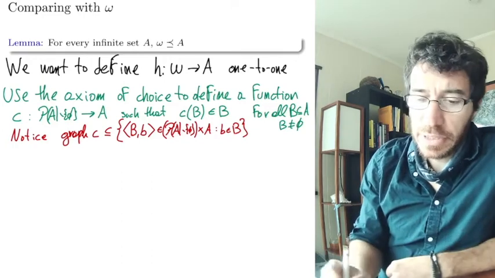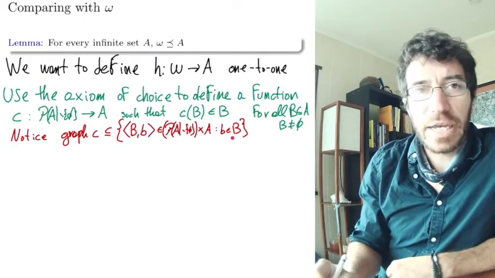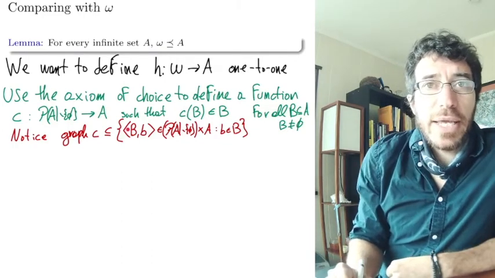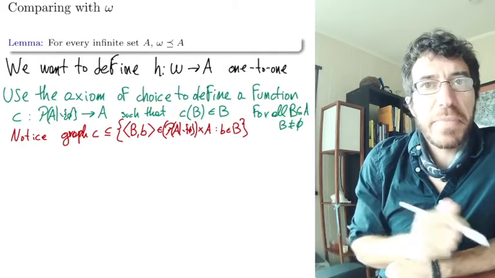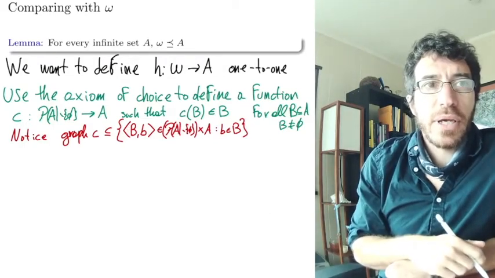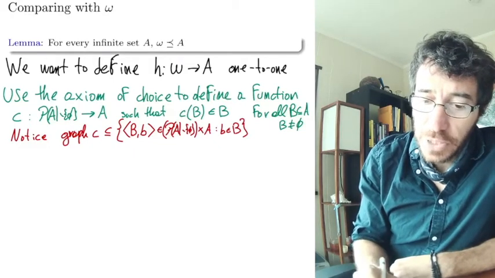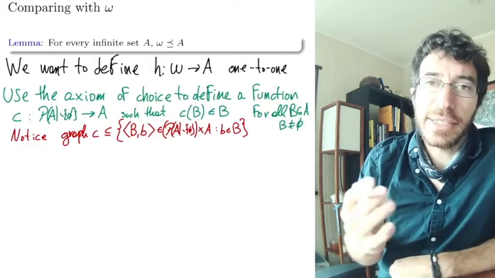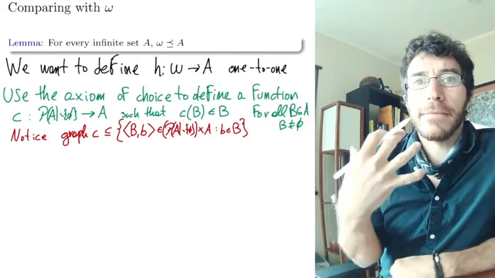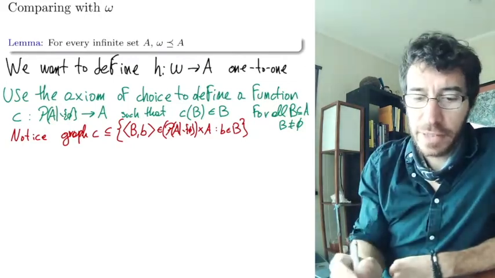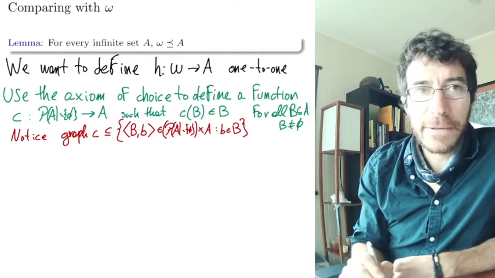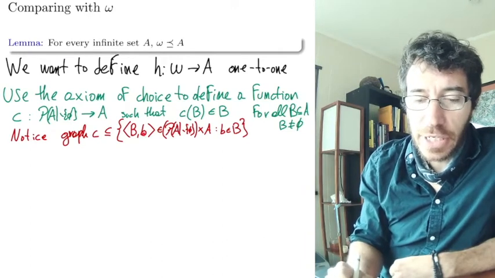So this is a property, this set up here we can define by the subset axiom. And this is a relation, it contains a bunch of pairs, it's just a relation. And what we want is a function, not a relation. Well, a function is a relation, but with the particular property that everything here is assigned only one element here, that assigns to each B a unique b, right?